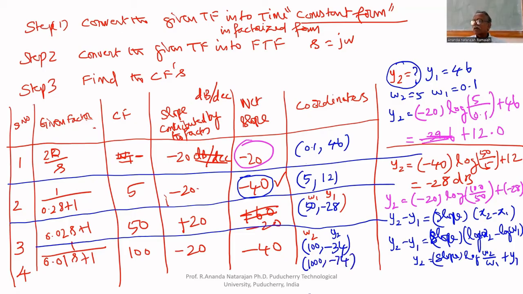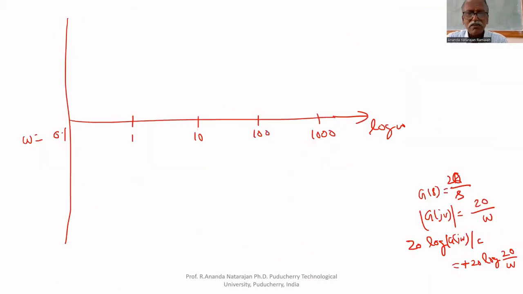Minus 74, because after that it decreases at the rate of minus 40 dB per decade. Now we have to draw the Bode plot. What are the coordinates? 0.1, 46; 5, 12; 50, minus 28; 100, minus 34; 1000, minus 74. That's all.